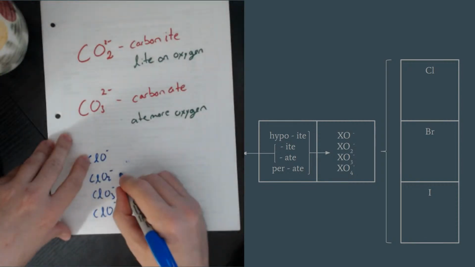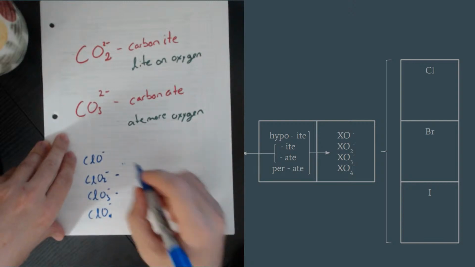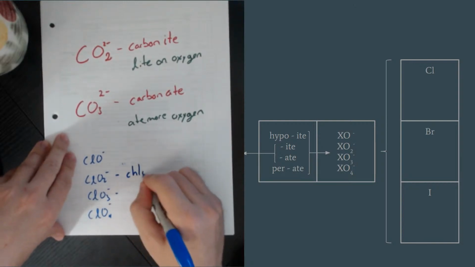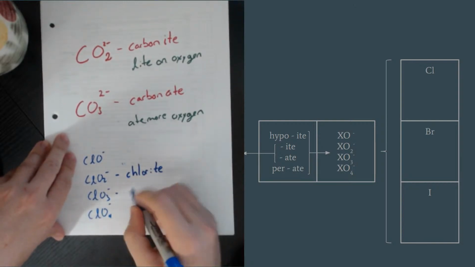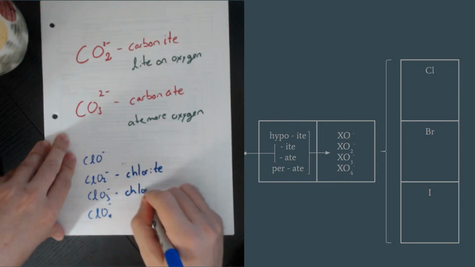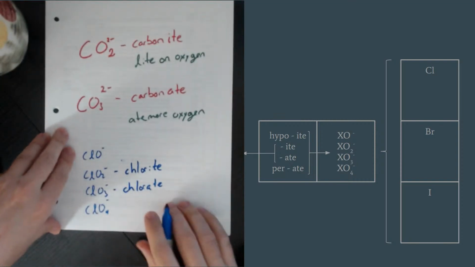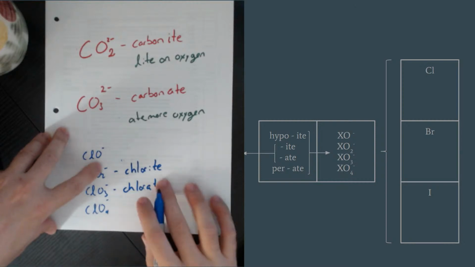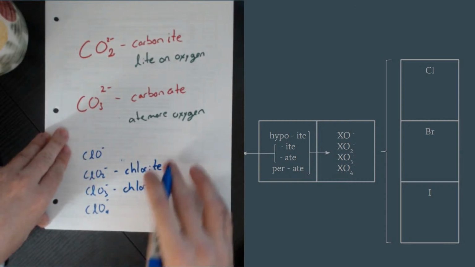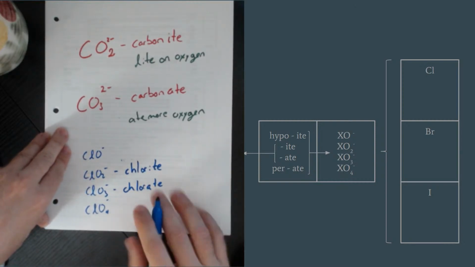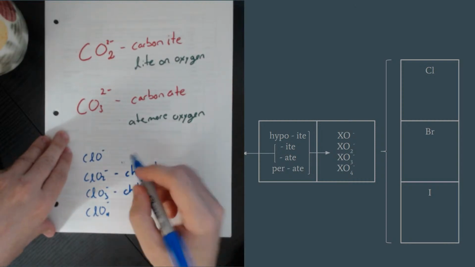The 2 in the middle get the regular naming convention. The one that has 1 fewer is chlorite. The one that has 1 more is chlorate. So what the naming convention does is expand on that, with 1 fewer and then 1 more beyond just those 2.